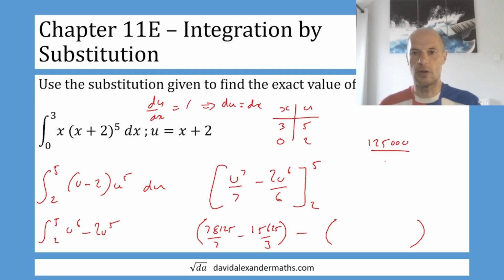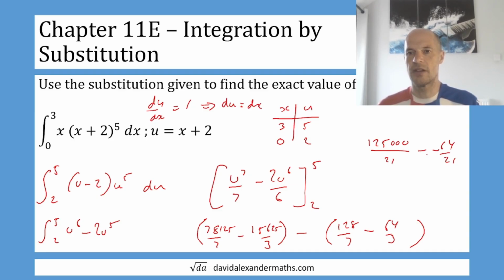So 125,000 all over 21. Take away, right, let's put 2 through this function. So 2 to the power of 7 divided by 7, that is 128 over 7, slightly more reasonable numbers, fortunately. Take away 2 multiplied by 2 to the power of 6 divided by 6, which is 64 over 3. 128 over 7, take away 64 over 3 is negative 64 over 21.